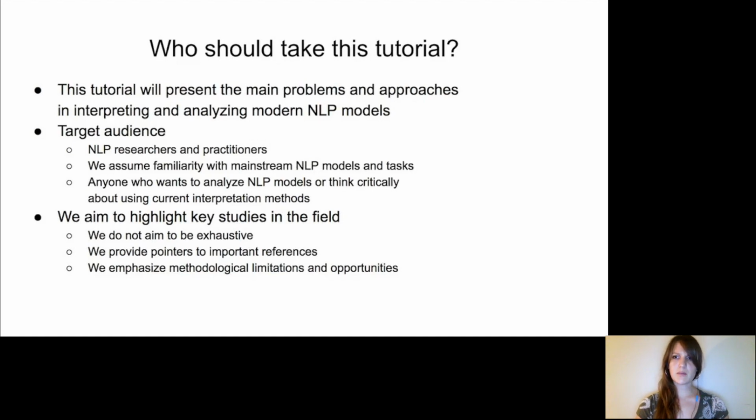We're assuming that people in the audience have a very clear understanding of the models and the tasks that are being used in NLP, but maybe are less familiar with the available techniques for analysis and interpretation of those models.